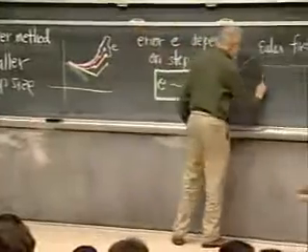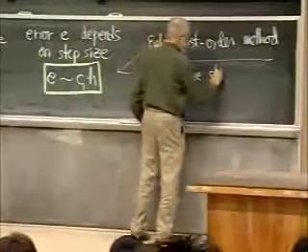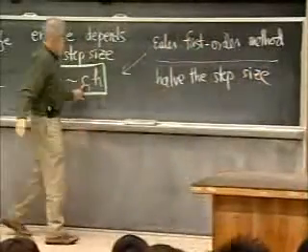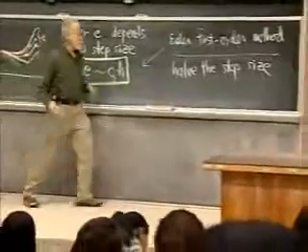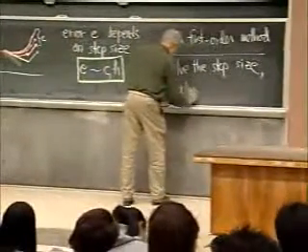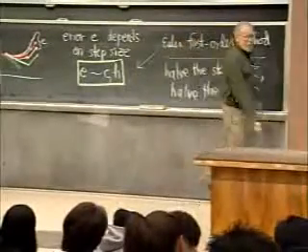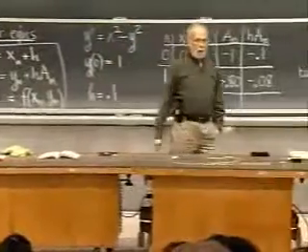If you halve the step size, since this is a constant, I halve the error, approximately. Halve the step size, halve the error. That tells you how the error varies with step size for Euler's method.